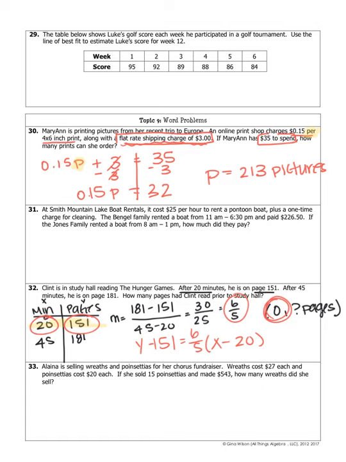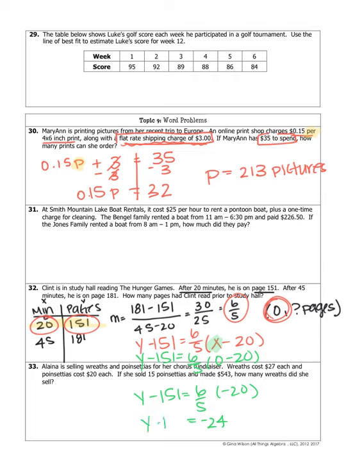So I'm going to go ahead and plug 0 in for x right now. When I do that, I get y minus 151 equals 6/5 times 0 minus 20. And 0 minus 20 is negative 20. All right, so then in a calculator, let's type 6/5 times negative 20, and you get negative 24.